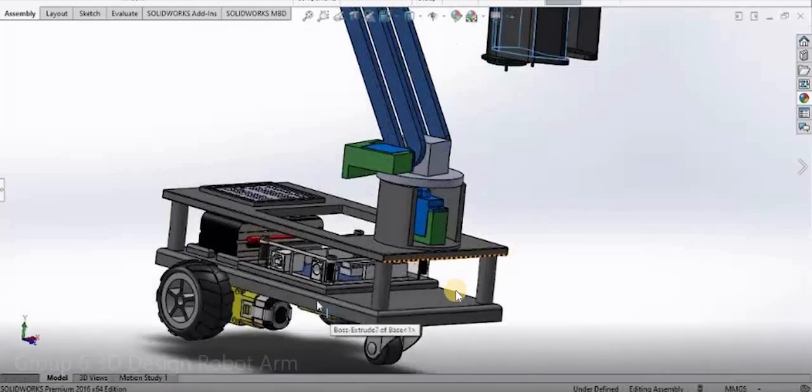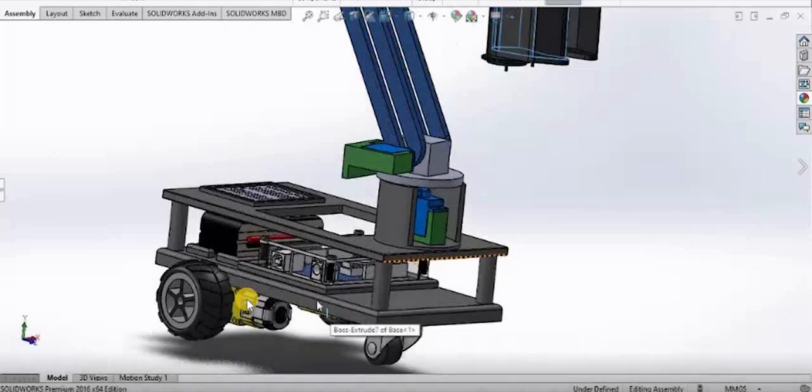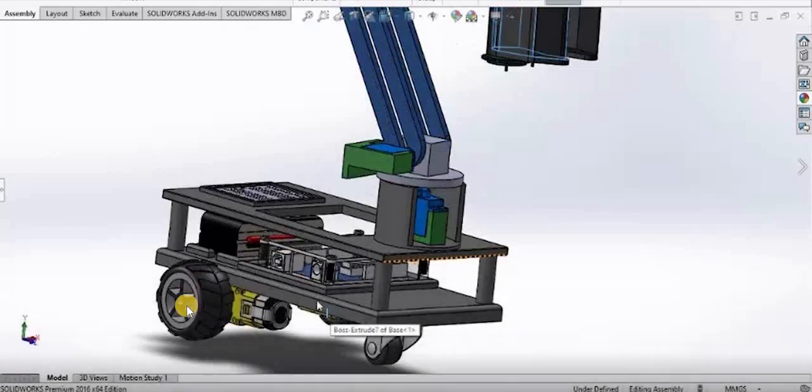Talking about the components, the first thing that I would like to present is the wheels. We choose to have two wheels at the back, and each of the wheels are powered by a DC motor, and the DC motor can be controlled by the user, where the program has been installed into the microcontroller so that the motor can rotate.